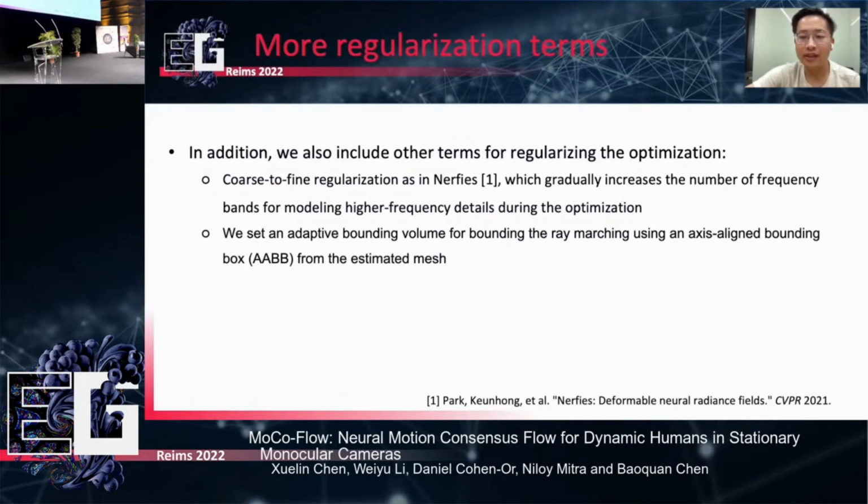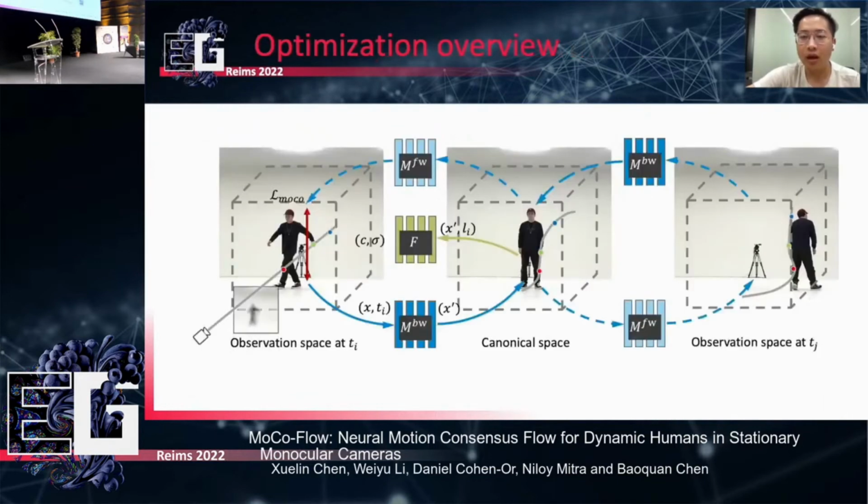Since the moving subjects typically occupy a small portion of the large space, we set an adaptive bounding volume for bounding the ray marching using an axis-aligned bounding box from the estimated mesh. Finally, we jointly optimize the canonical NeRF and our motion flow networks using the photometric loss and the motion regularization terms.